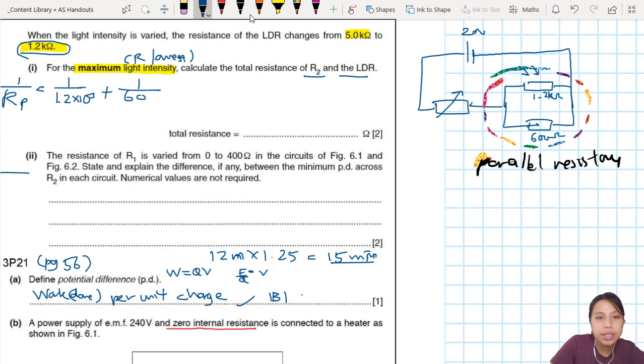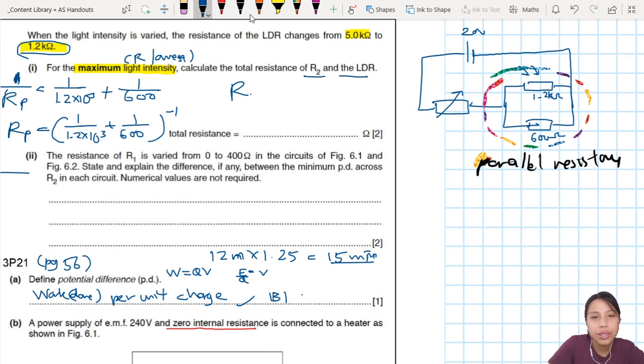So 1 over 600. But this is 1 over R_P, so you need to change it to become 1 over this whole bracket on the right side, or you just put negative 1. It's the same thing. So 1.2 times 10 to the 3, 600. Now, press your calculator to see what you get.